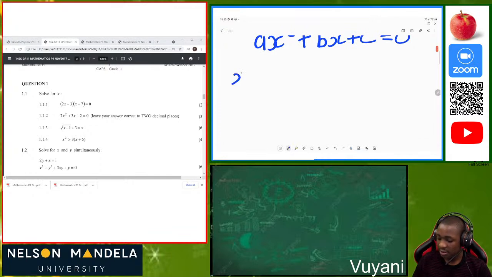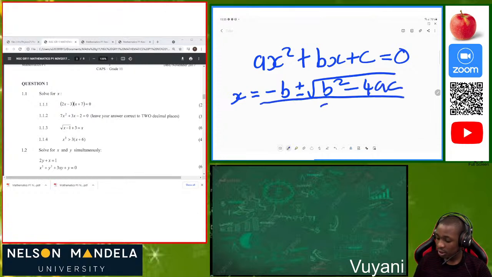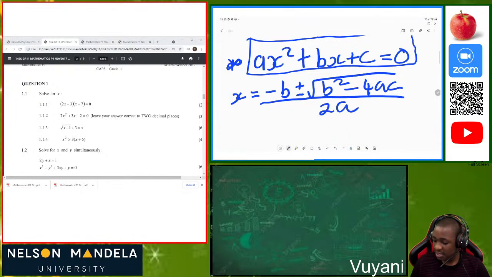We say x is equal to negative b plus or minus the square root of b squared minus 4ac, all divided by 2a.